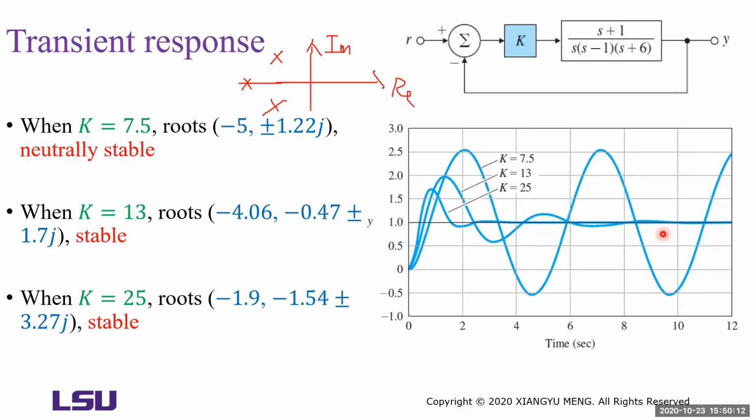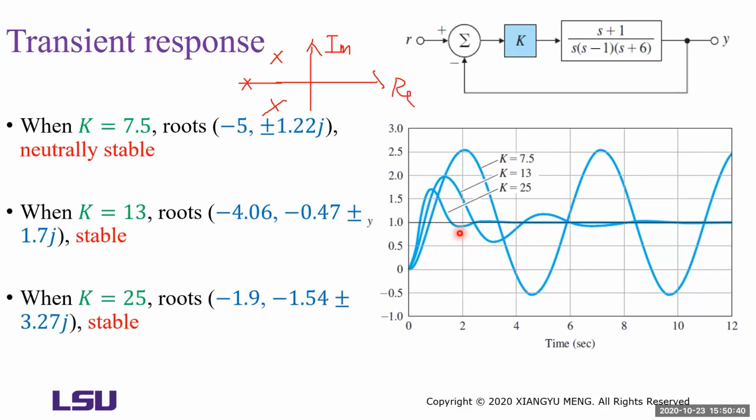When you think of performance, we want the output to track the input. Which one has the best performance? You want the output to be as close as possible to the input.